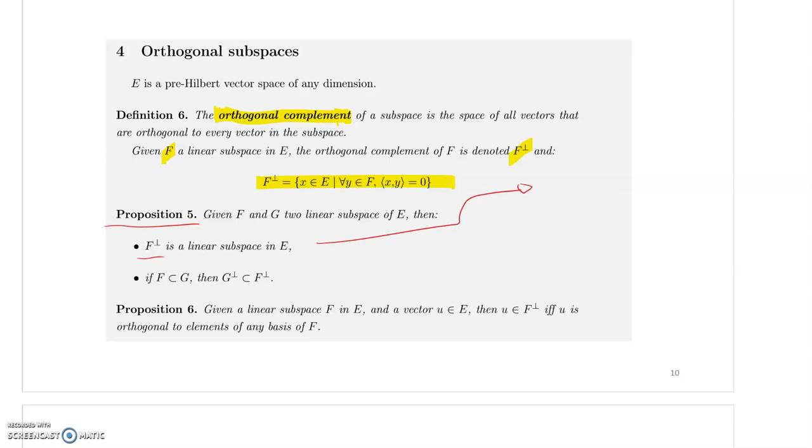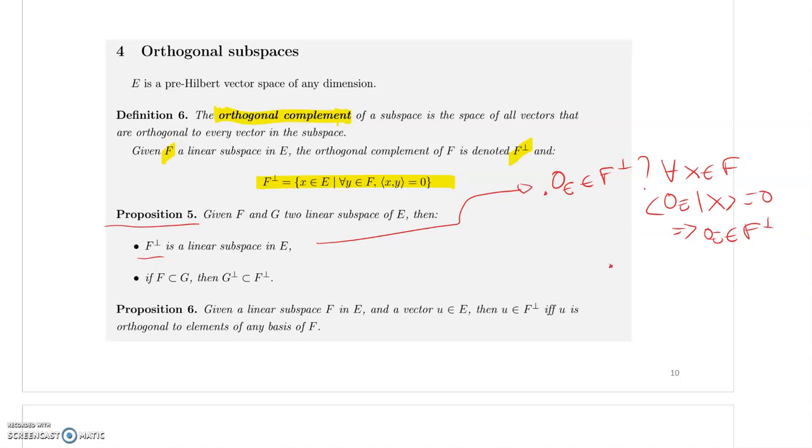To show that it's a subspace, we must prove that 0 of E belongs to it. For any x that belongs to F, 0 of E inner product with x is of course equal to 0, so 0 belongs to F orthogonal. That's the first thing we need for a subspace.